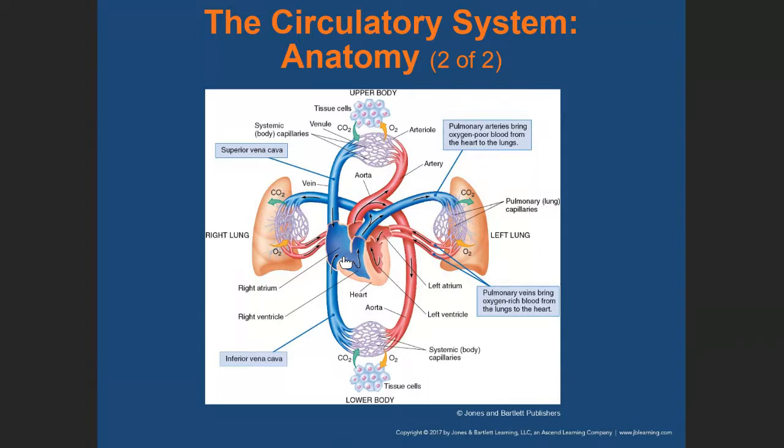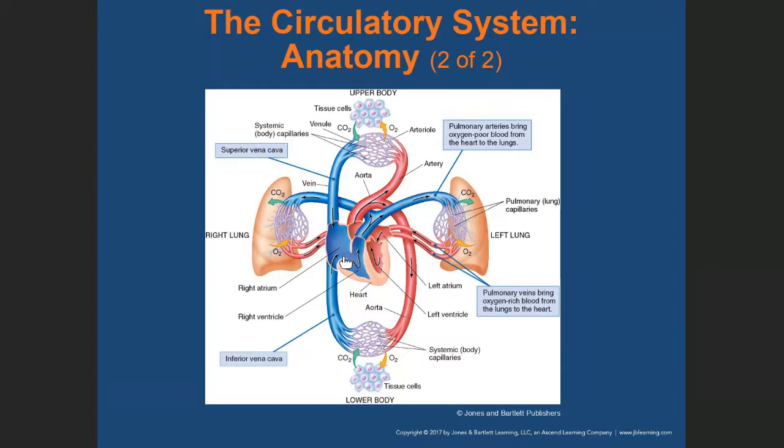Now, the difference is one will occur much faster than the other, and I'm sure you can understand why, right? So if it's right side, it takes longer for the left side to fail. If it's left side, it's going to cause an issue with the lungs first. So the patient will start to develop signs and symptoms much faster than if it was the right side.